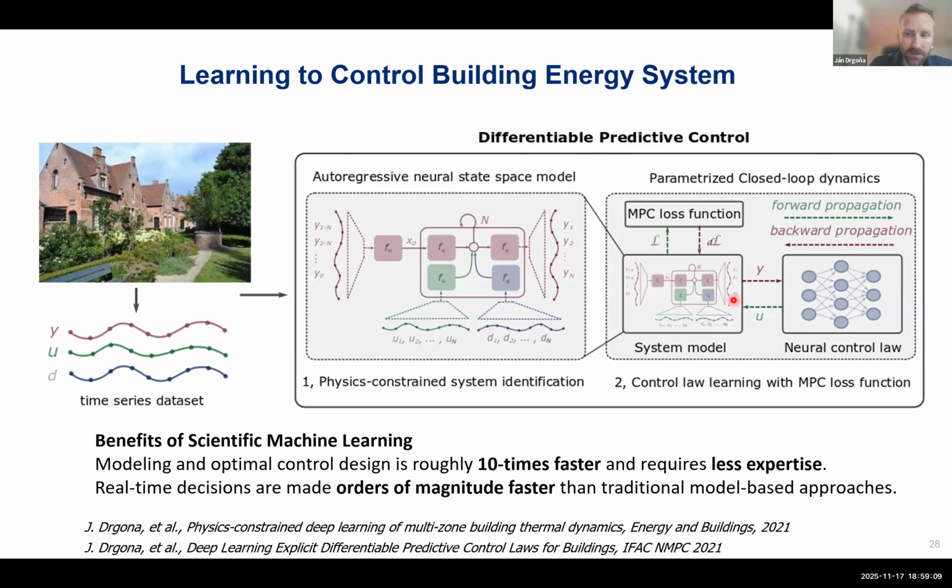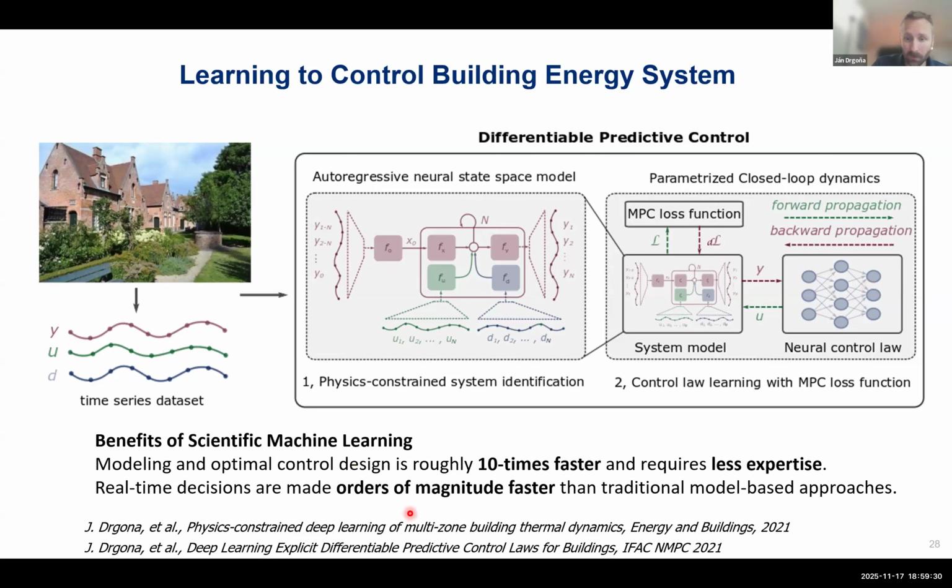And because now it's a machine learning model implemented in PyTorch, we can use differentiable predictive control to form the closed loop to get the explicit control policy that is now easier to deploy and faster to evaluate compared to nonlinear model predictive control.